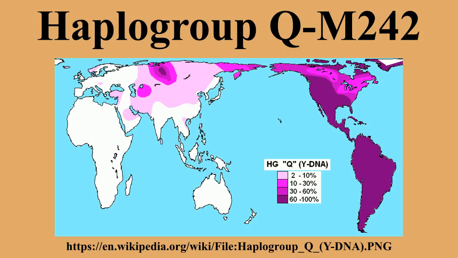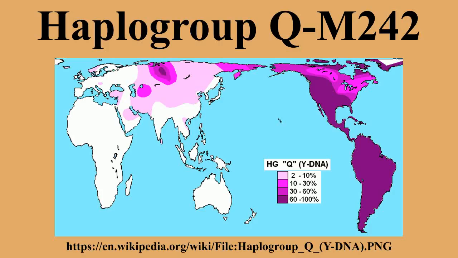In the southern regions, Q-M242 is found in 5% to 6% of Tajiks, and in about 8.3% of Uzbeks. In case of Turkmenistan, the frequency is not clear, but it can reach about 40% in light of the frequencies in Turkmens of Afghanistan and Iran who live in the areas adjacent to Turkmenistan.